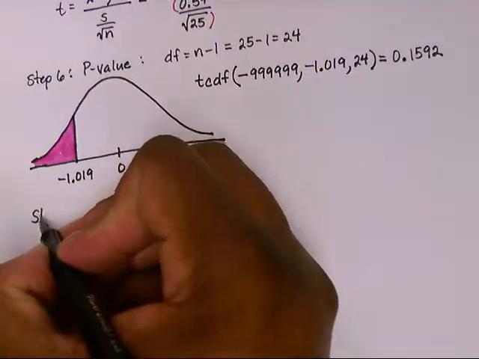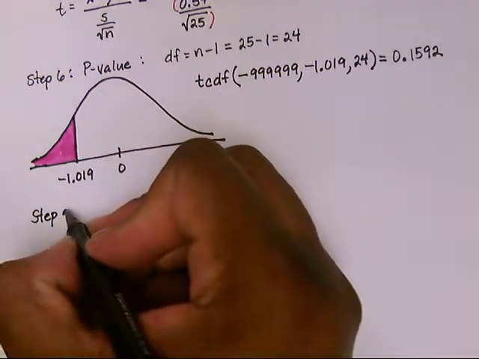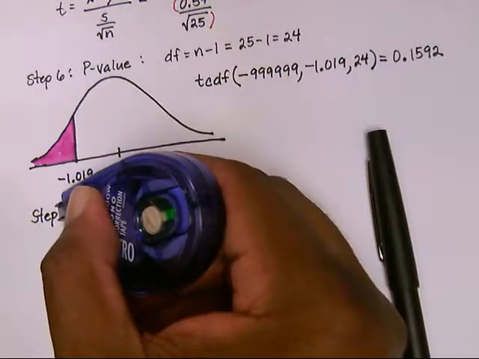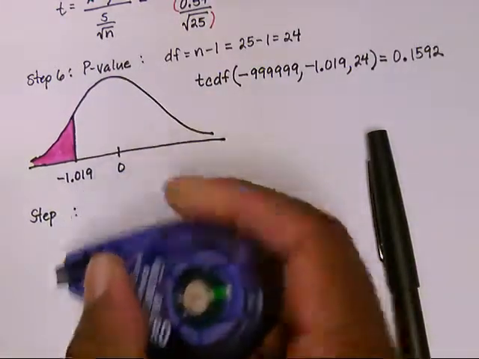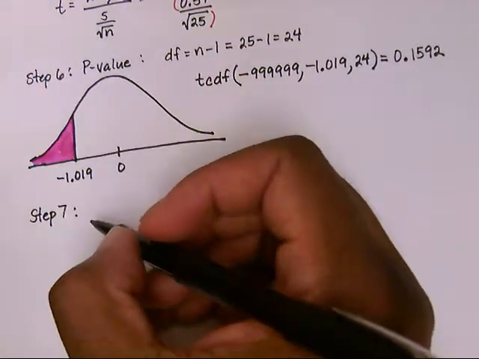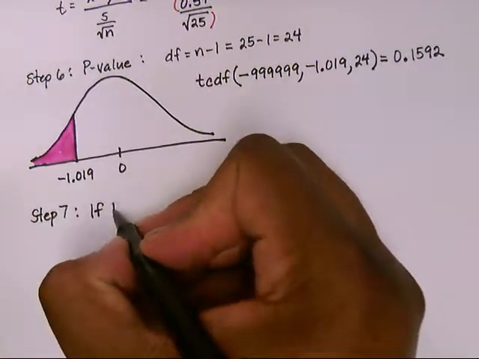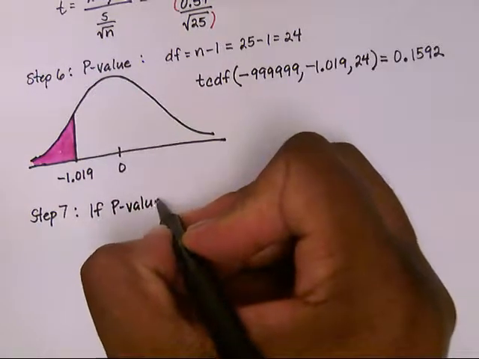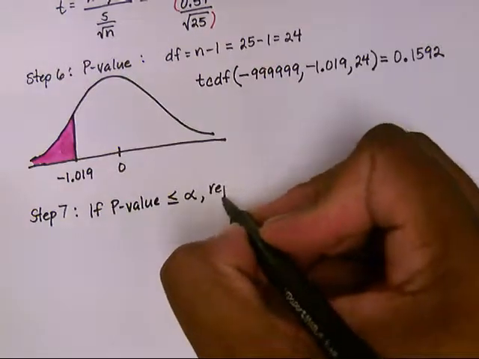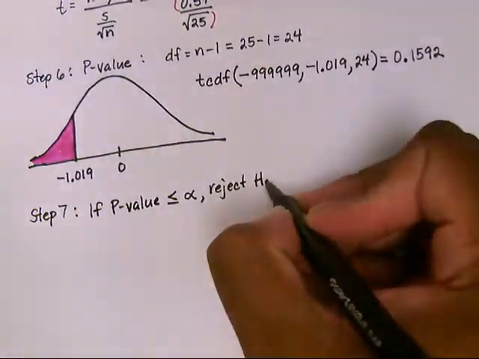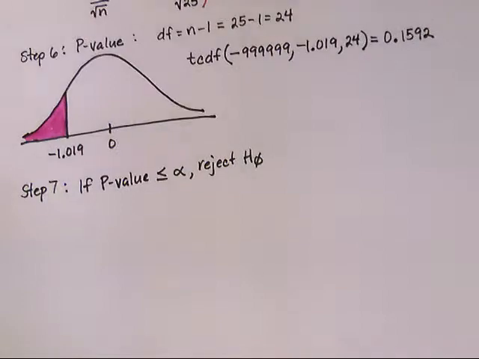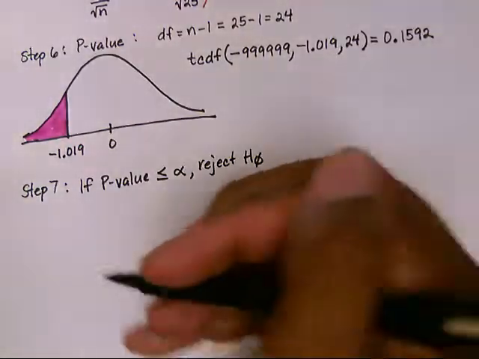Alright, now step number 7 is our decision rule. In this case here, we're comparing the p-value with our level of significance here. So the decision rule for the p-value will be this. If your p-value is less than or equal to the level of significance, which is alpha, you will reject the null hypothesis. Now, in this case here, your p-value, we found that out to be 0.1592.